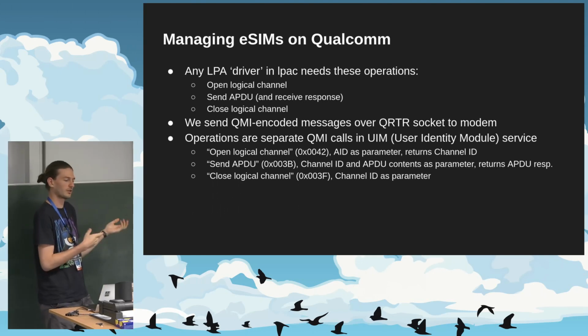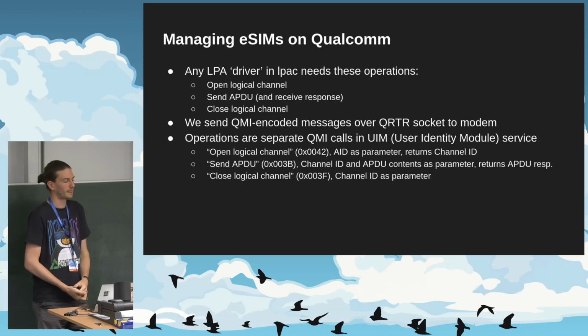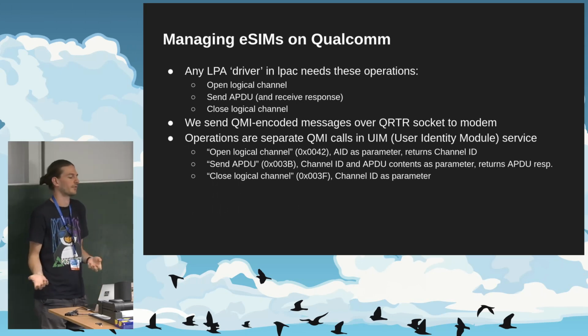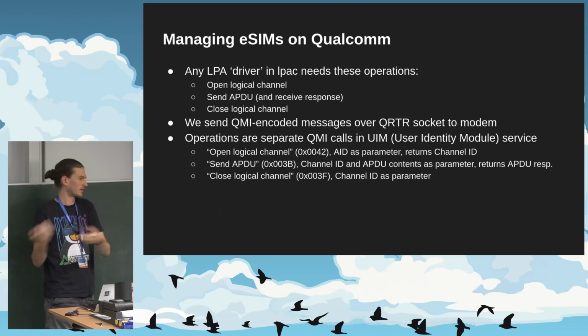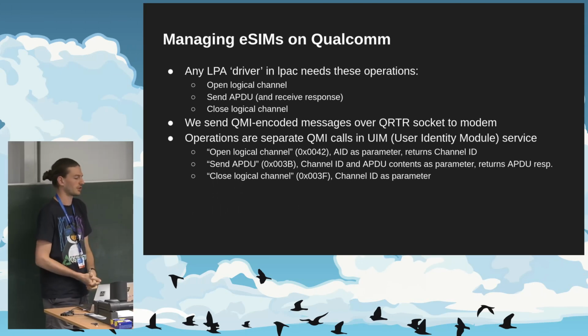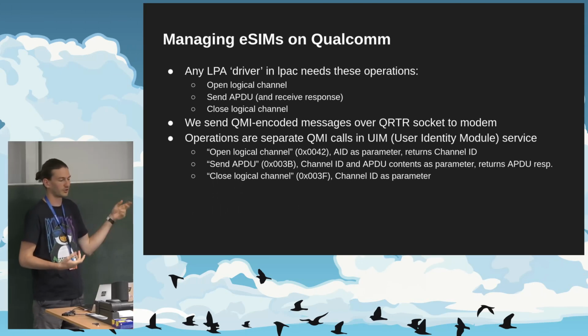It takes in the channel ID, which we just got, and the APDU contents as a string, or like a stream, let's say. And then as a return value from the modem, we get back the response in the APDU format.